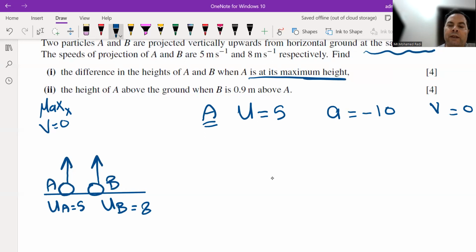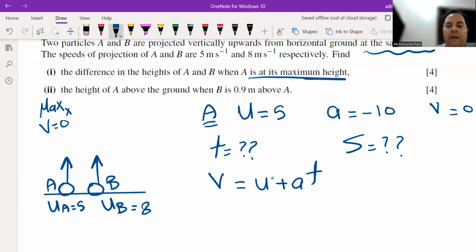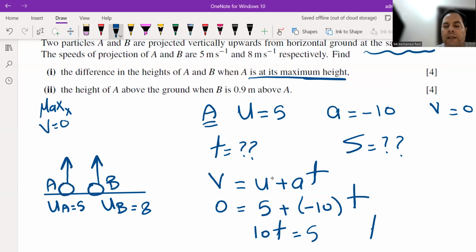So you can find time, and you can find displacement. Let's start to find the time by using the equation v equals u plus at. The final velocity is 0, initial velocity is 5, acceleration is -10 times t. By solving this equation, 10t equals 5, so t equals 0.5 seconds.